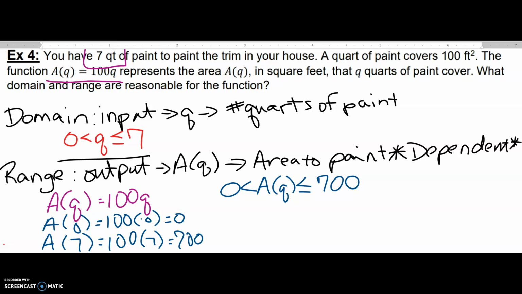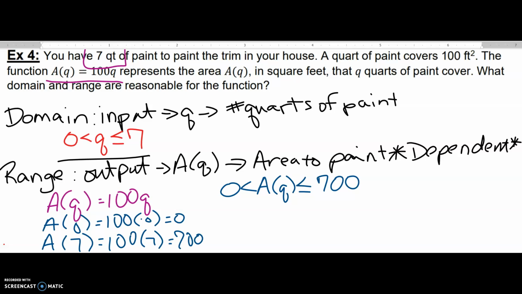Now this problem is a little bit different because you have to use a little common sense and think about what is possible on this. So you're not just using what's in the problem, you're using what you know outside of the problem, such as the fact that you can't have any negative numbers in your domain for this one. You can't have a negative amount of paint that you use.